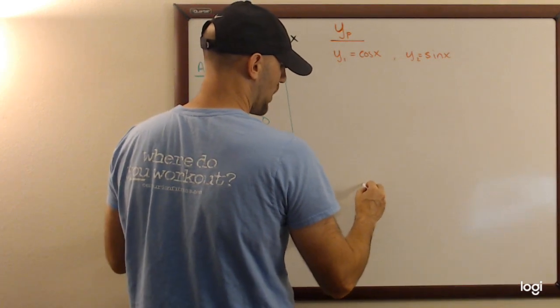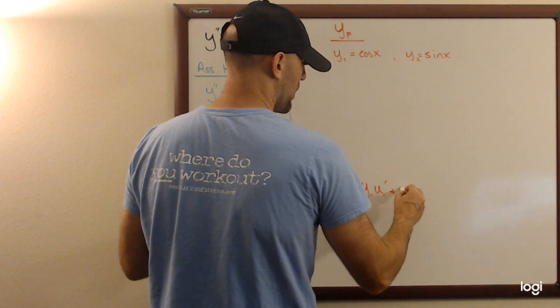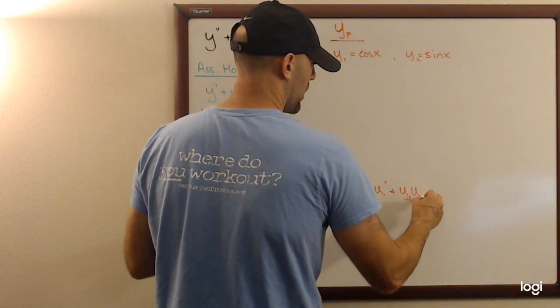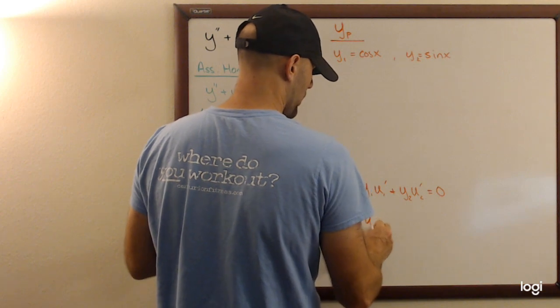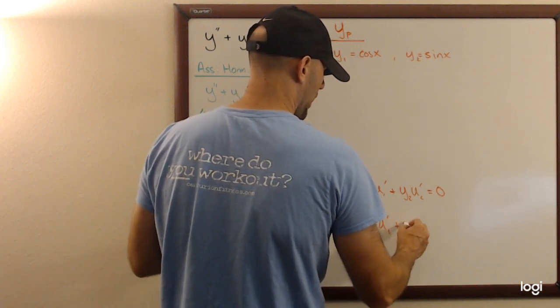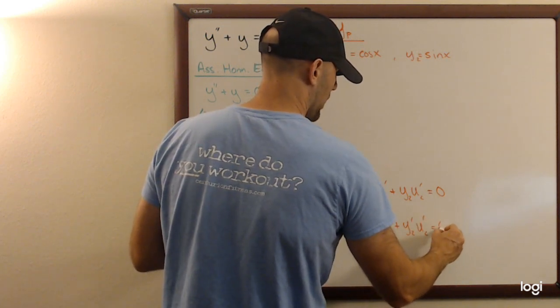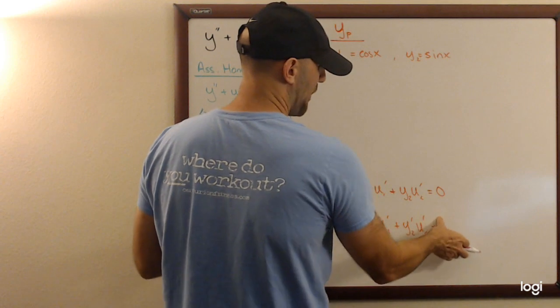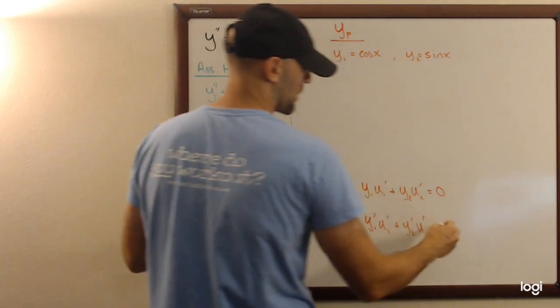The system I want is y1 u1 prime plus y2 u2 prime equals 0, my second equation, y1 prime u1 prime plus y2 prime u2 prime equals, well, f. But in this particular case, f is secant x, right?